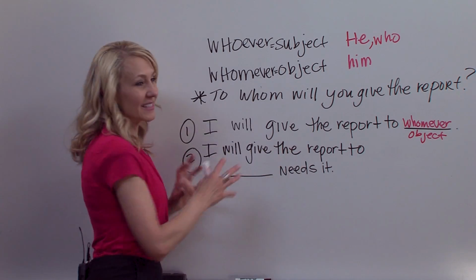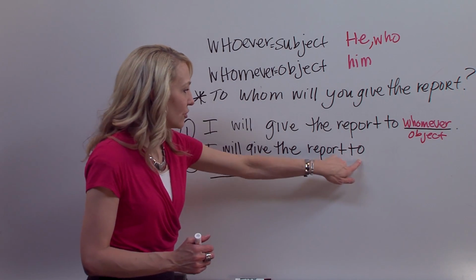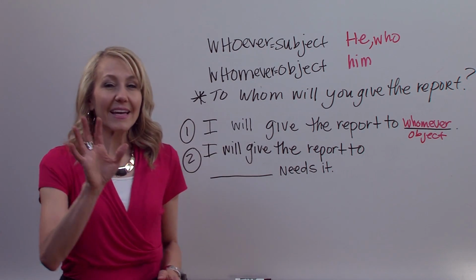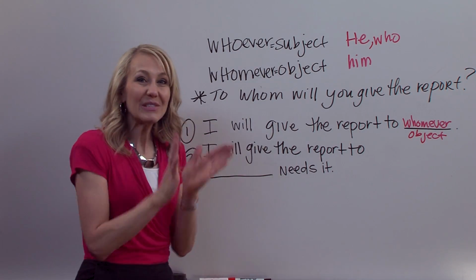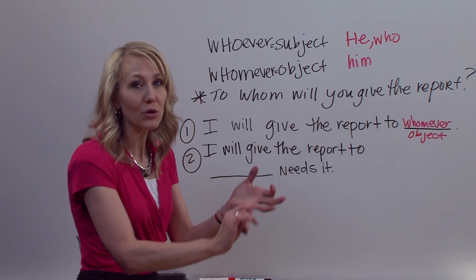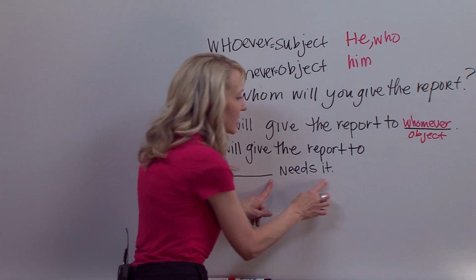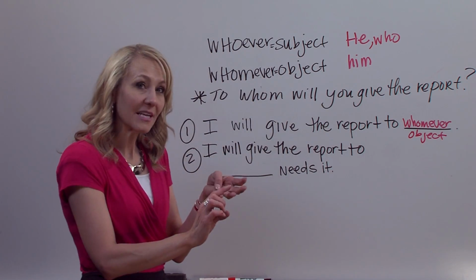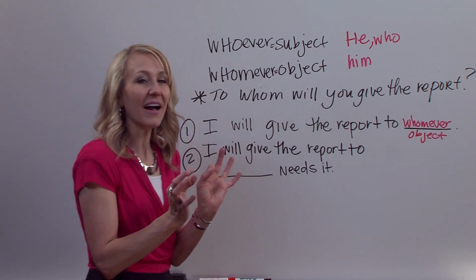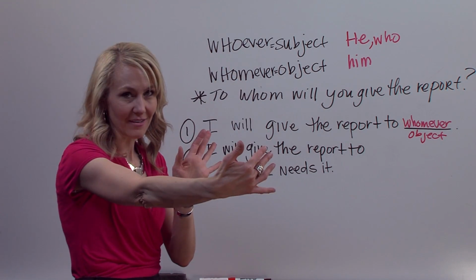Now, let's go to the next sentence that's very similar, but we've made an important change. I will give the report to whomever needs it, or whoever needs it. Well, here's the trick. When you see words that come after the spot where we're analyzing if we should use a who or a whom or a whoever or a whomever, let me repeat this: when you see words that come after that spot, I need to test and see if that pronoun is functioning as the subject of an embedded clause.